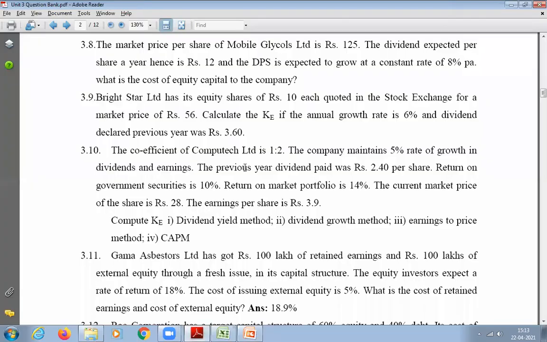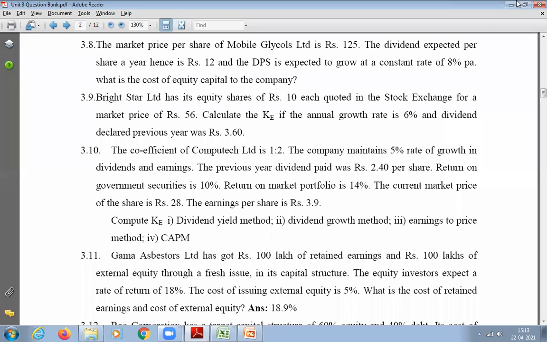Now somebody read question number 3.8. The market price per share of Mobile Glycols Limited is rupees 125. The dividend expected per share a year hence is rupees 12, and the dividend per share is expected to grow at a constant rate of 8% per annum. What is the cost of equity capital to the company?